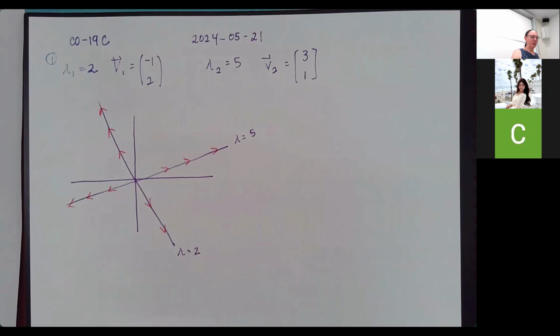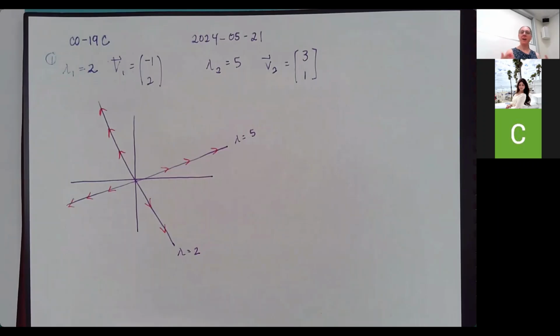So if I think about starting somewhere not quite on one of those lines, which of those eigenvalues is going to influence my long-term behavior the most? I'm going to argue that 5 is going to influence my long-term behavior the most.